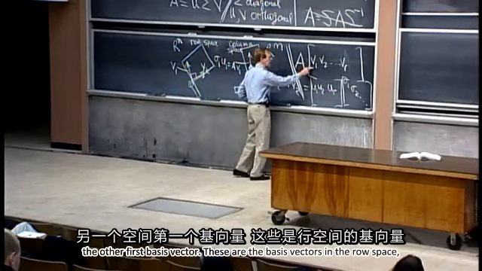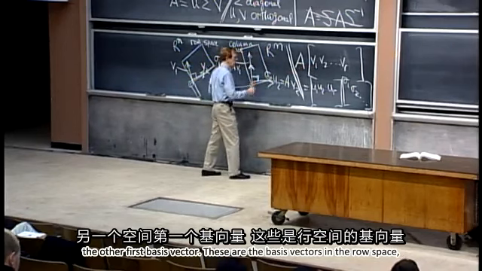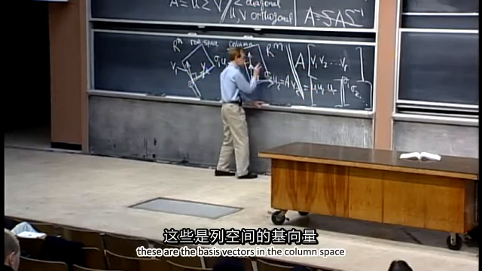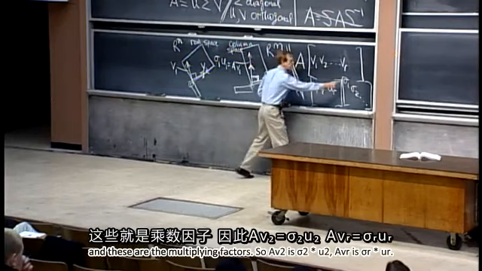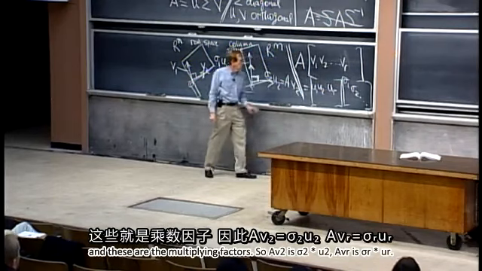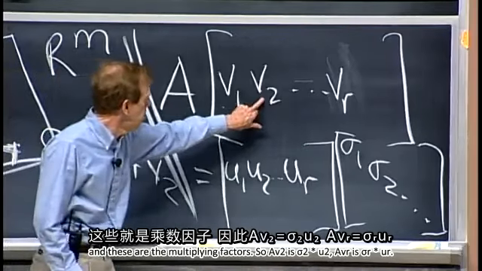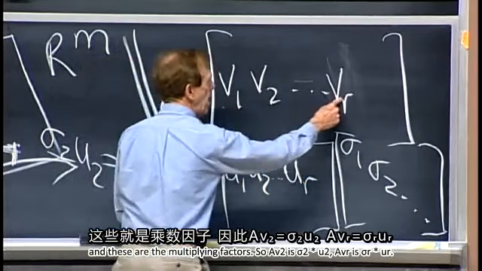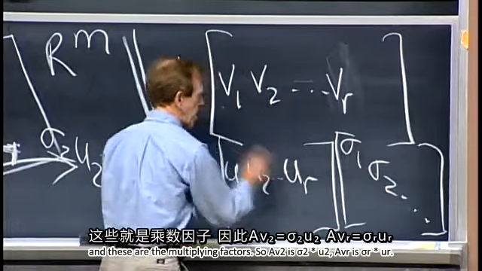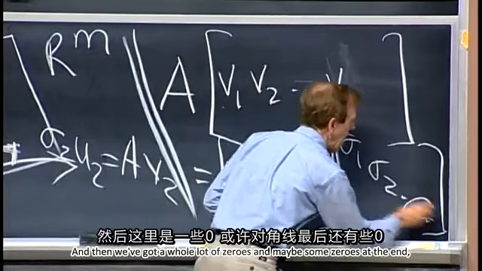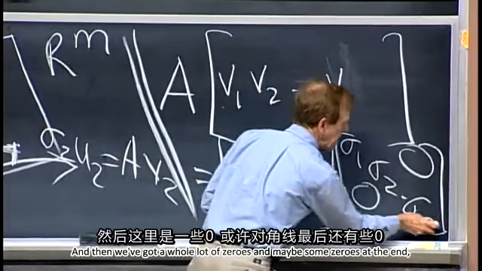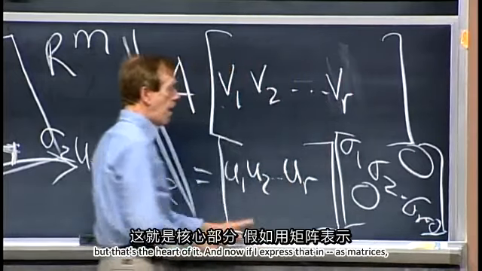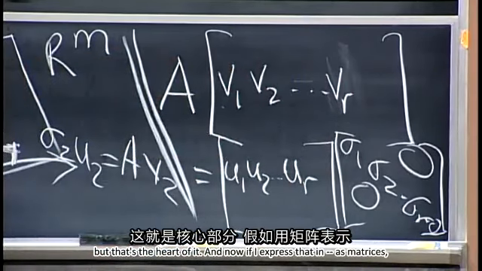These are the basis vectors in the row space. These are the basis vectors in the column space, and these are the multiplying factors. So AV2 is sigma 2 times U2. AVR is sigma R times UR. And then we've got a whole lot of zeros at the end. But that's the heart of it.